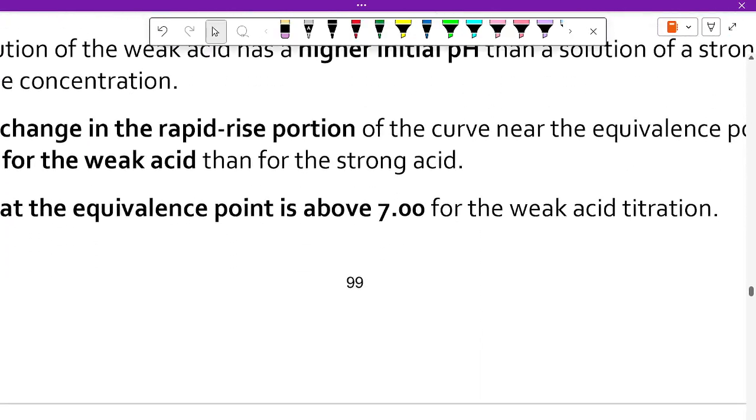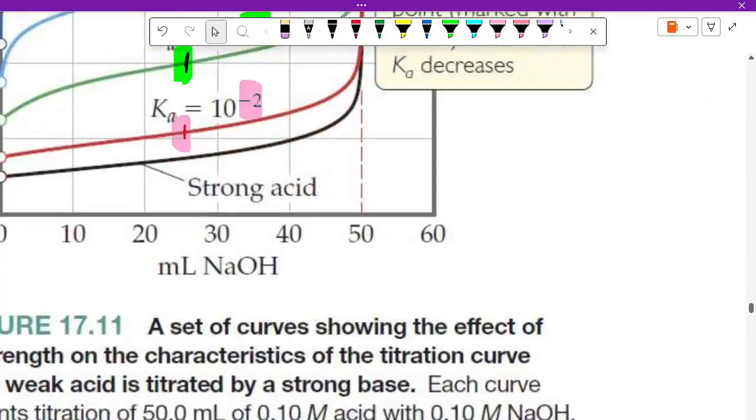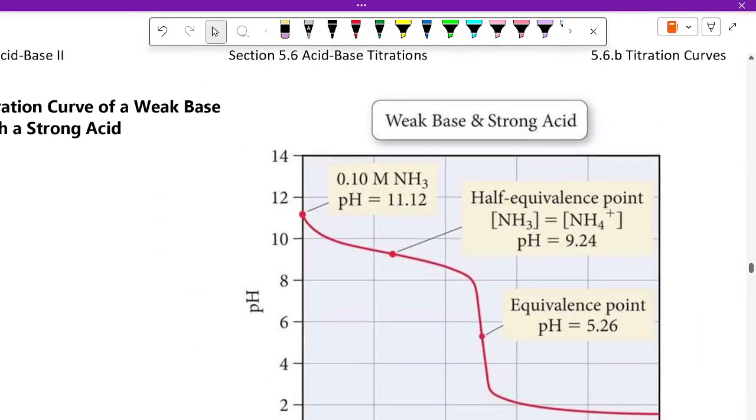But when we start with a weak base, the little hill is a downhill hill. Okay, so we've got our hill. At our half equivalence point, concentration of NH3 is equal to NH4+.